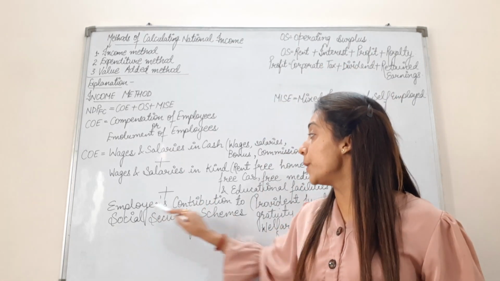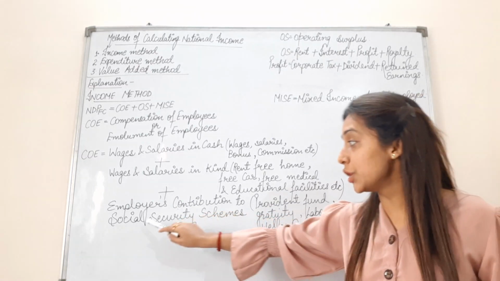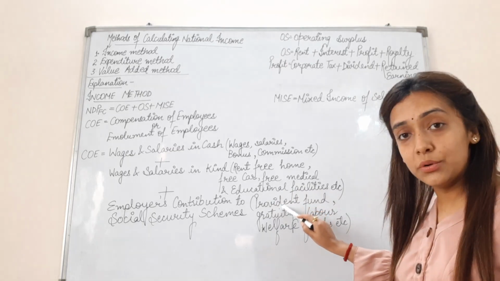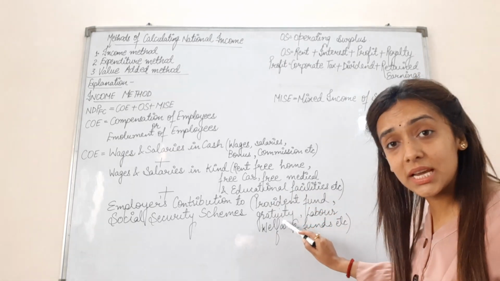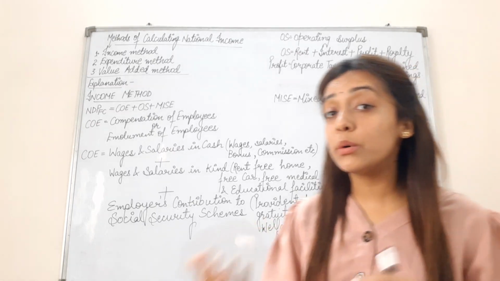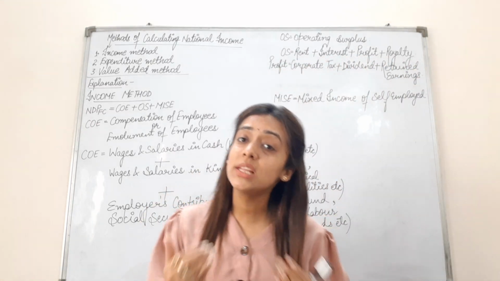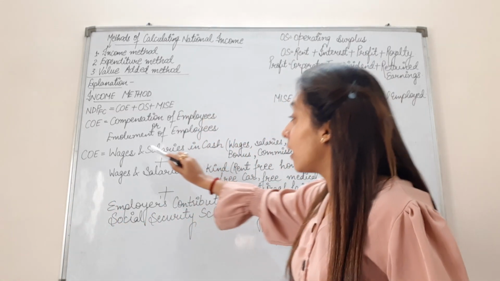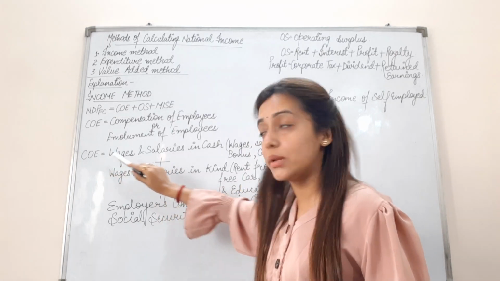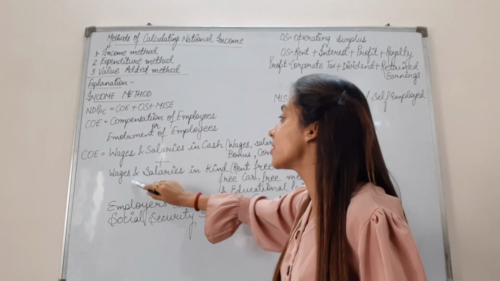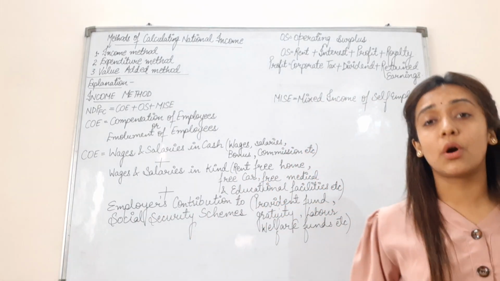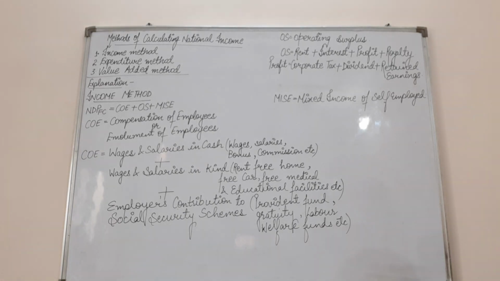It includes provident fund, gratuity, labor welfare fund, and nowadays companies are providing insurance facility to the employee. Is it clear now? Again I am repeating, COE is equal to wages and salaries in cash, plus wages and salaries in kind, plus employer's contribution to social security scheme.